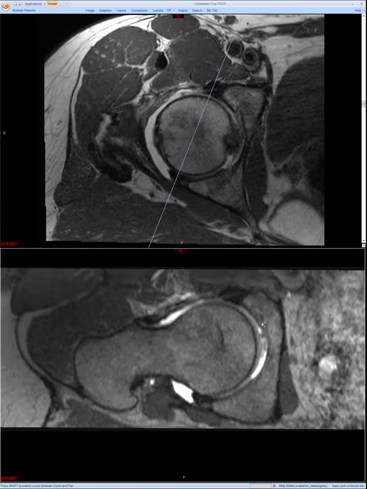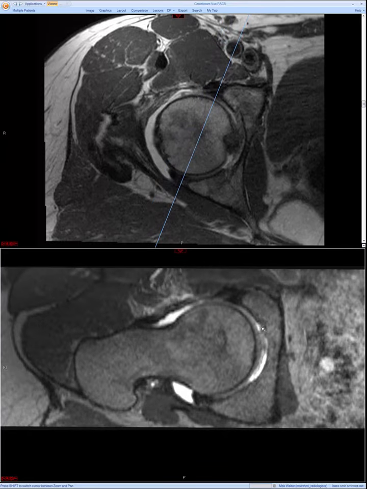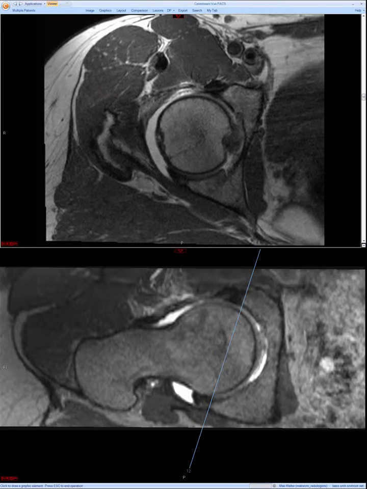Another thing you can do is go back onto that oblique axial sequence and draw a line connecting the anterior and posterior acetabulum, and this should stay medial to a midpoint of the femoral head. So if for example this patient's anterior wall came out way out like so, then this line would be lateral to the midpoint of the femoral head, and then we would describe acetabular retroversion predisposing to hip impingement. Okay.